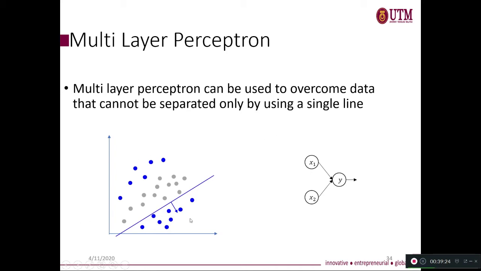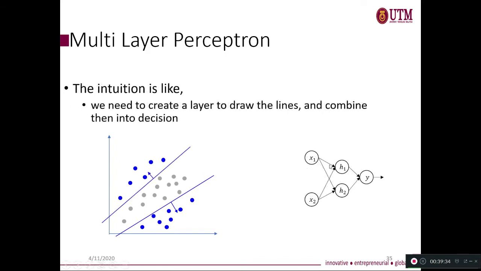So in order to tackle this, you need 2 lines or 2 linear boundaries. By introducing the multi-layer, you have 2 neurons in the hidden layer, and this one is your output layer.